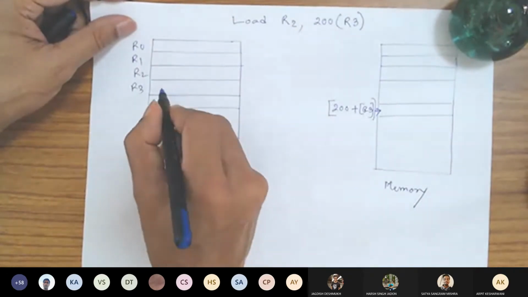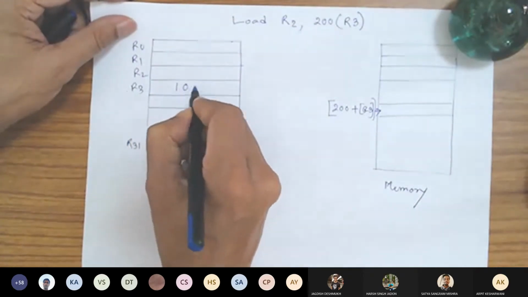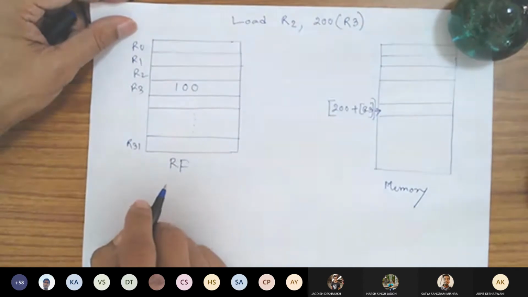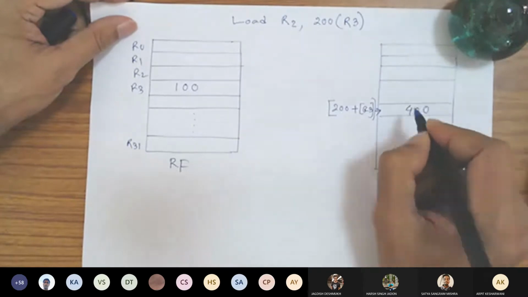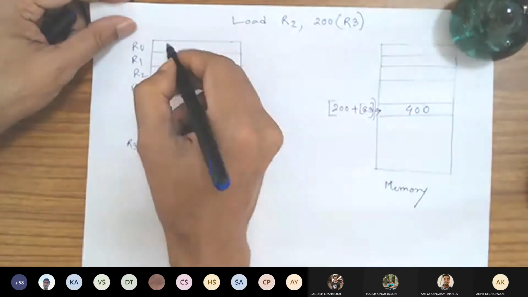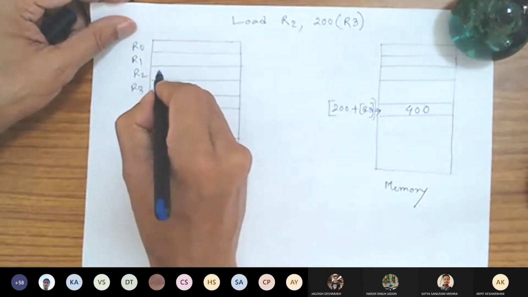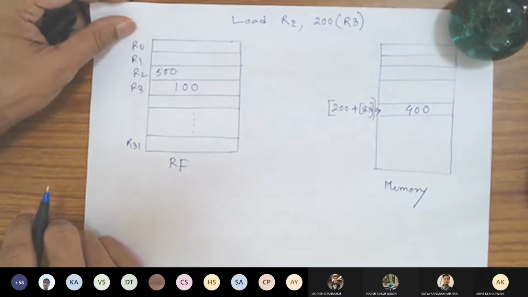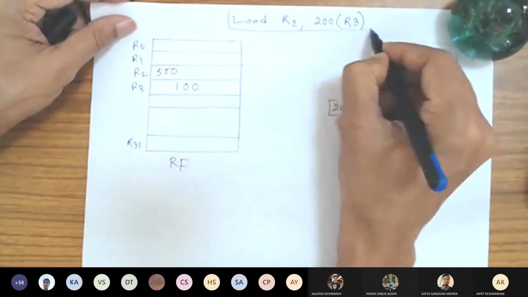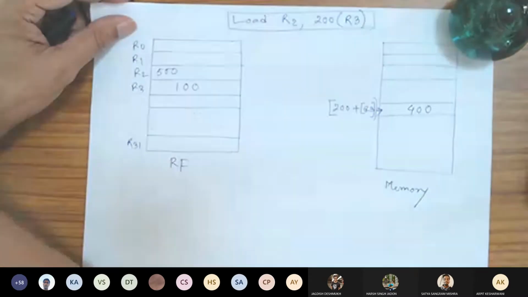Let's assume that R3 contains 100. And the value here is, for example, 400. Initially, R2 contains 500. And we execute this instruction.